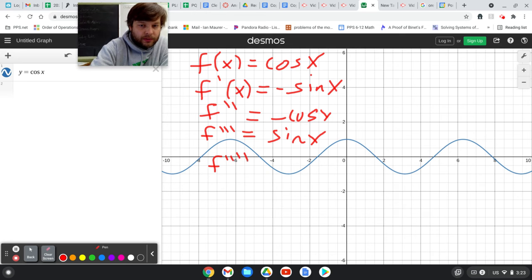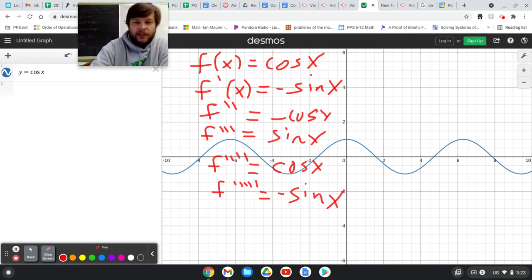The fourth derivative would be cosine of x, and the fifth derivative, it keeps cycling through sines and cosines and through positives and negatives.